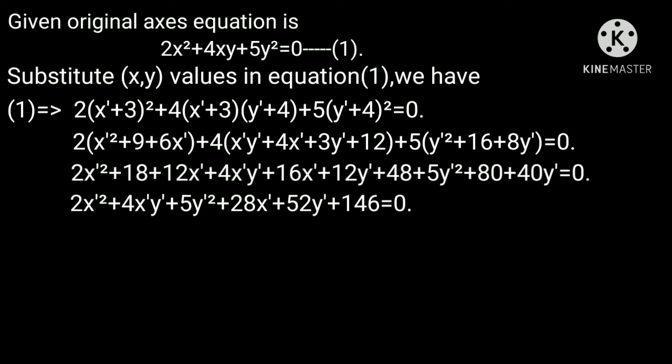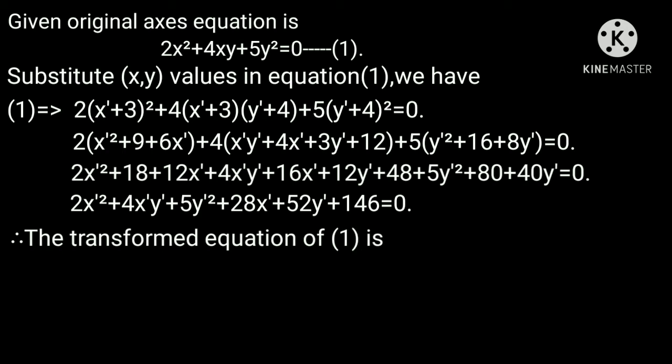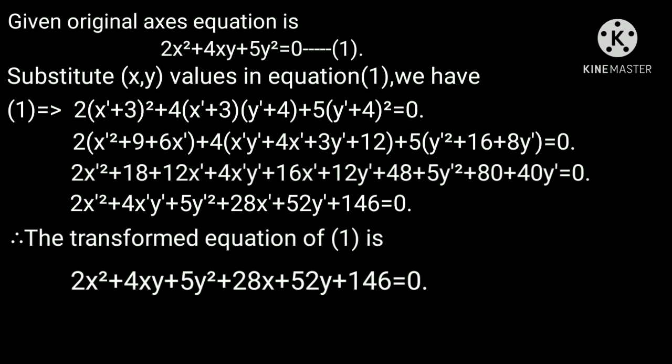Therefore, the transformed equation of 1 is 2x² + 4xy + 5y² + 28x + 52y + 146 equal to 0. This is our given problem solution.